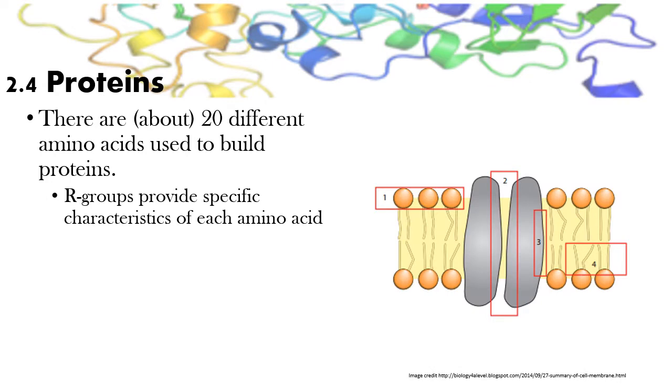So in this picture, label where we're going to find hydrophilic regions and hydrophobic regions. Phosphate heads are always going to be hydrophilic. They are attracted to water. Fatty acid chains, the fatty acid chains that are here, are hydrophobic. They're going to be repelled by the water. The amino acids that make up this part of this channel protein are also going to be hydrophobic because they have to hang out next to the hydrophobic fatty acid tails of our phospholipids.